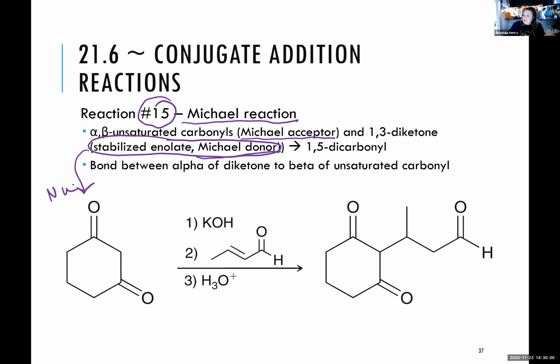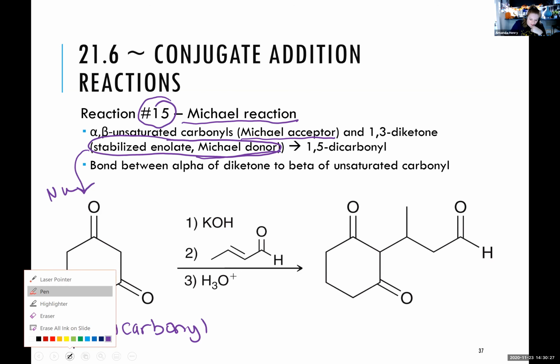It's a stabilized enolate. It said on the last slide that a stabilized enolate will do the 1,4 addition. For us, a stabilized enolate is a 1,3 dicarbonyl. This is a diketone, but there's a little bit of wiggle room with what we can use, so I'm going to be a little bit more generic there.